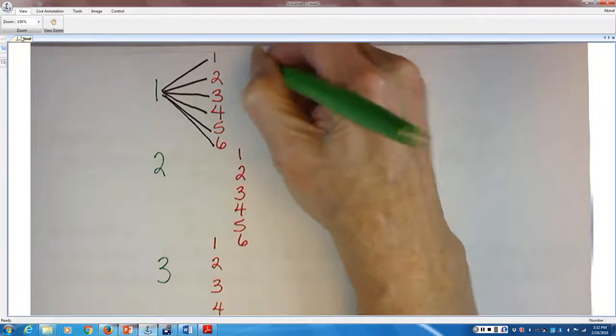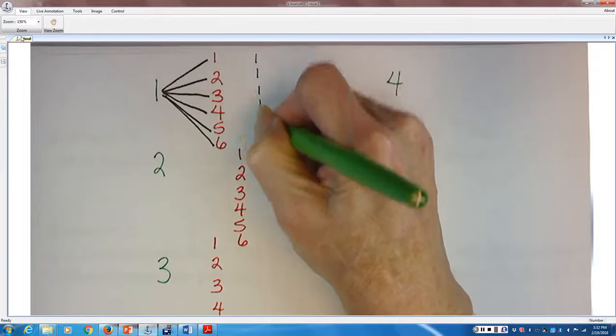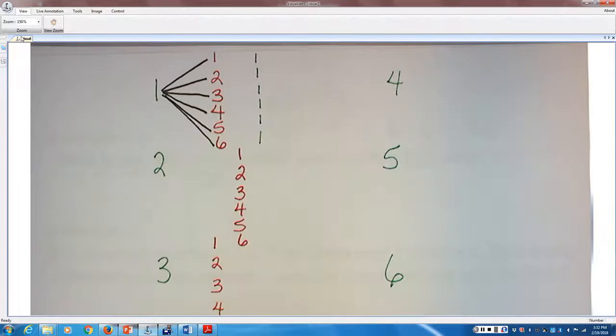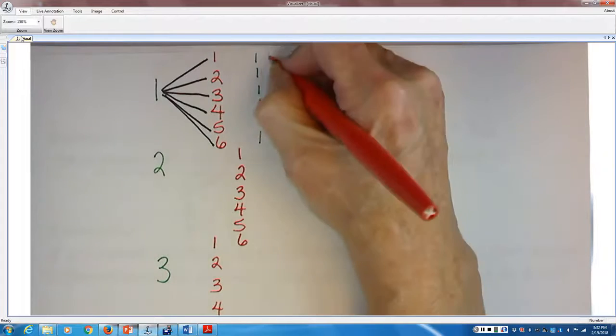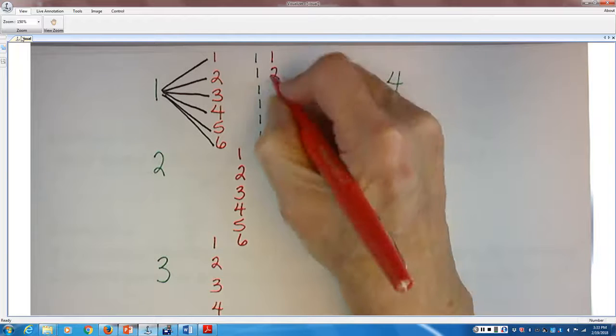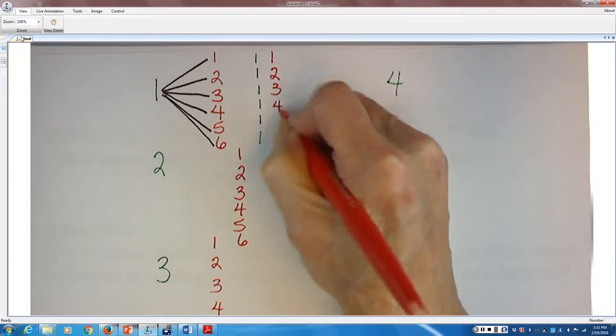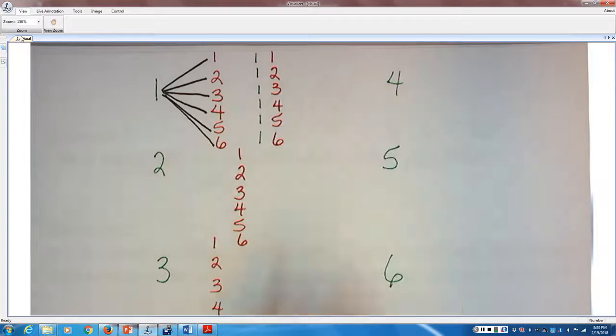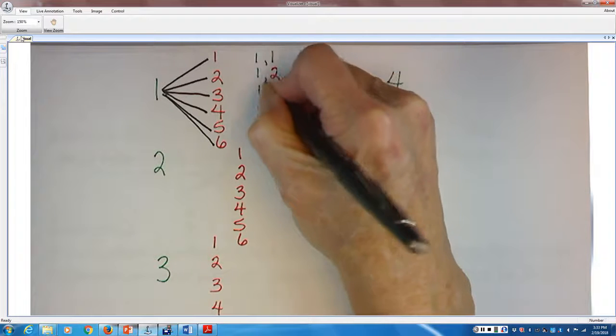So that's a 1 followed by another 1, a 2, a 3, a 4, a 5, or a 6. And this would be 1 outcome each.